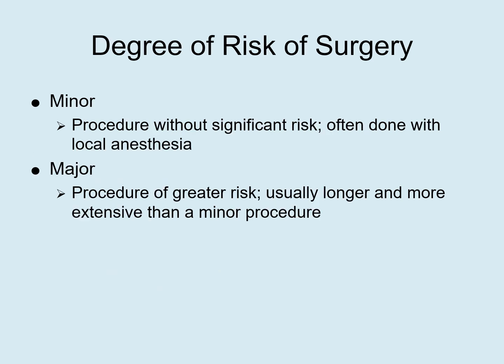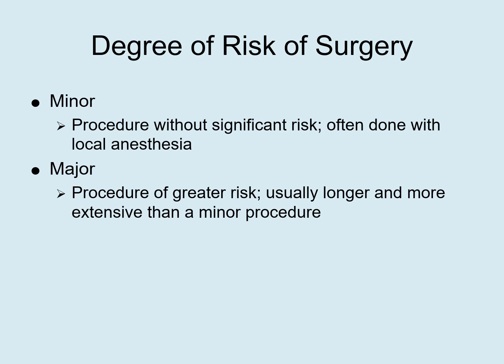So we have degrees of risk of surgery. We have minor or major risks. Procedures without significant risk are often done with local anesthesia. They're considered minor. And so those include incision and drainage, I&Ds, that's what they're called. Implantation of venous access devices.